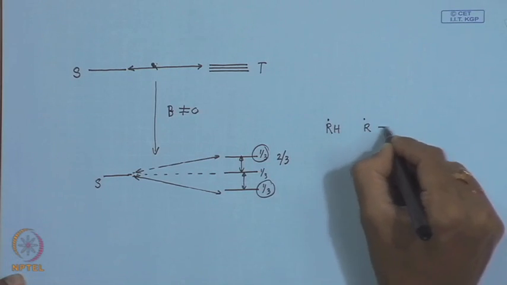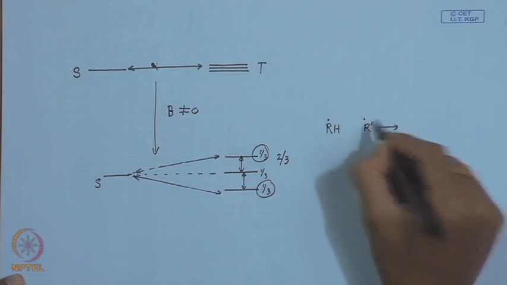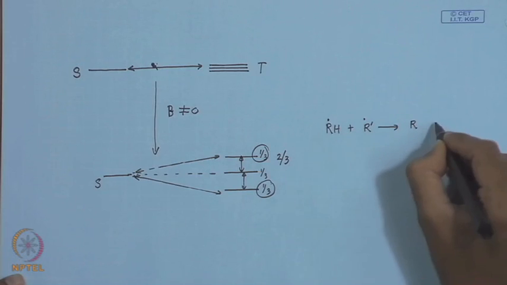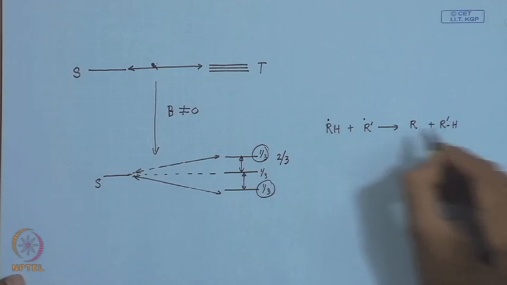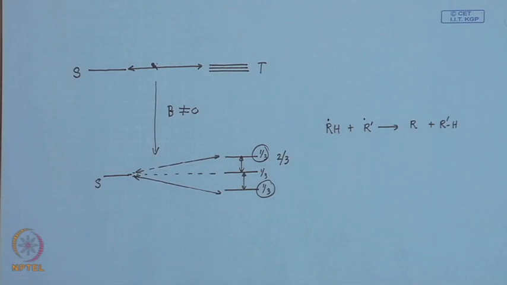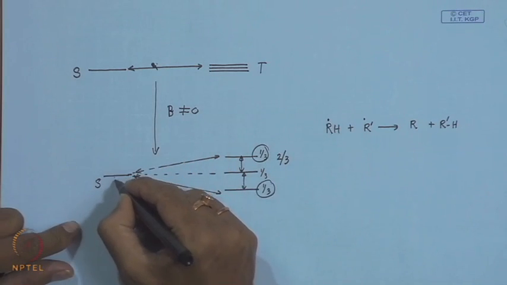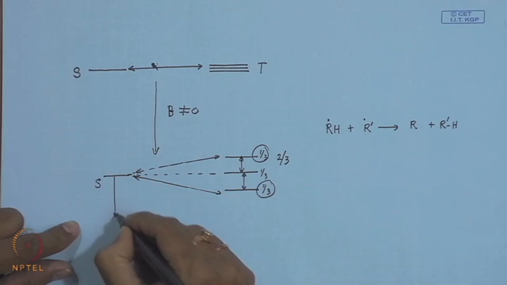So, recombination means maybe R prime plus R dot H. So, this is your back hydrogen transfer or maybe recombination. They will not recombine. Only 1/3 of the total triplet population may communicate with singlet and thereby go to singlet and recombine.